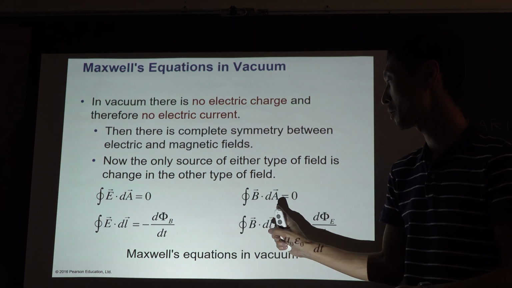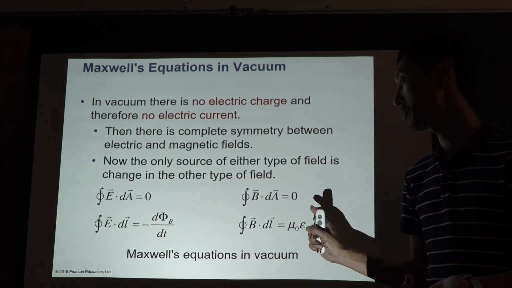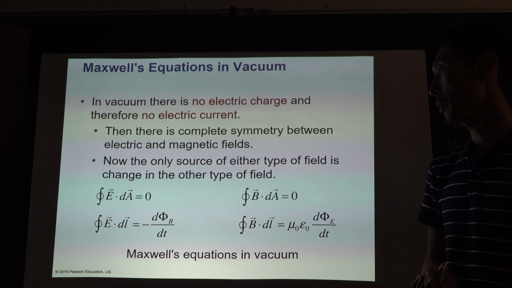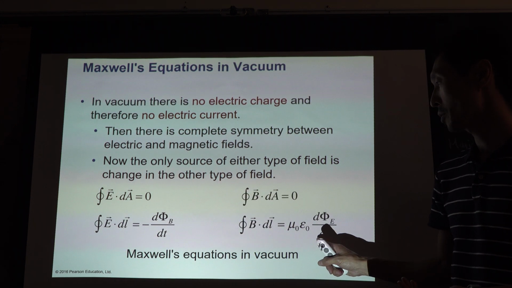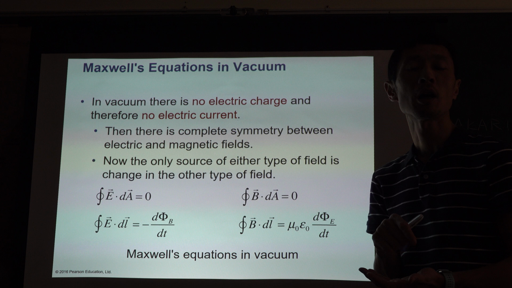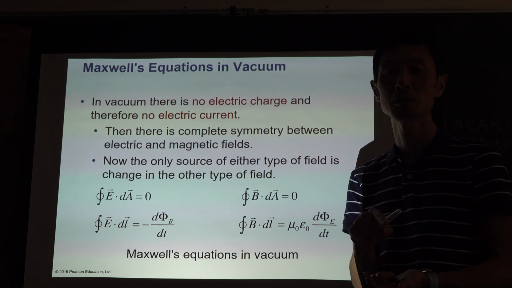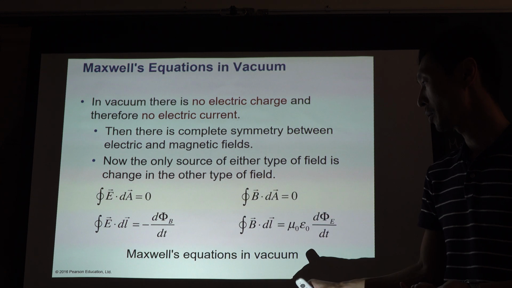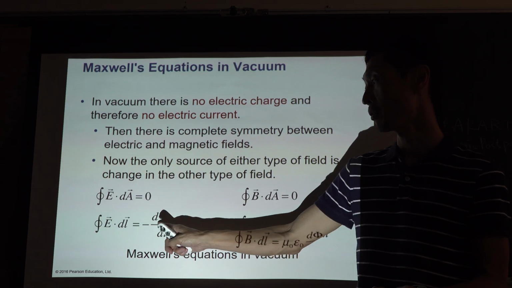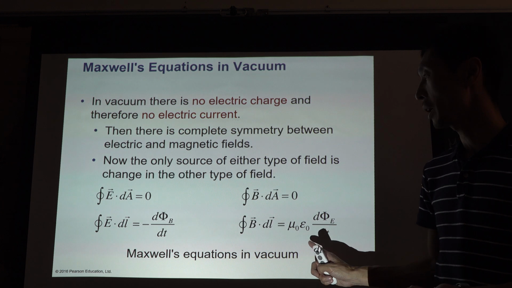So Gauss's law becomes symmetric. And then also Faraday's law and Ampere's law, because there's no charge, there's no charge current. So this I part is also dropped. Then Ampere's law and Faraday's law are symmetric, right?